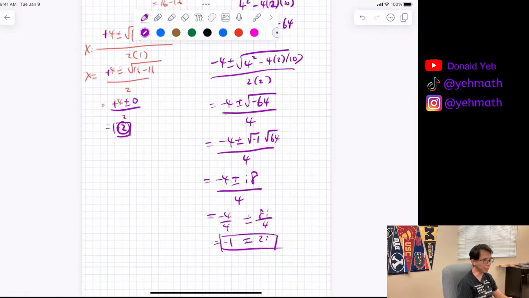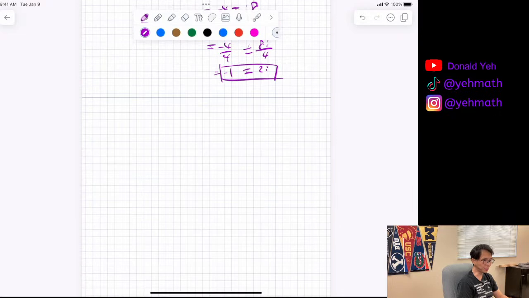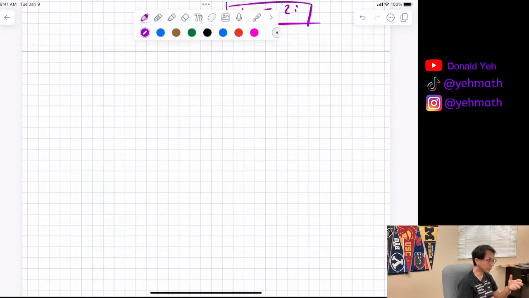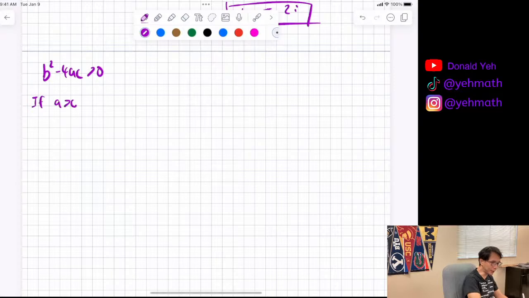So I want to talk about those four situations. On your homework today, you might get the discriminant. So two situations: b squared minus 4ac is greater than 0, and a is greater than 0 as well.